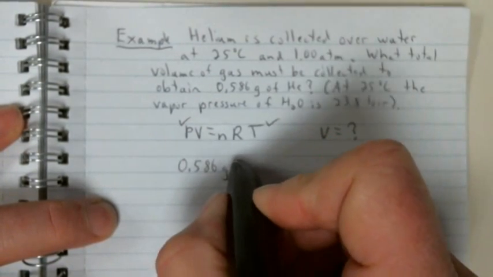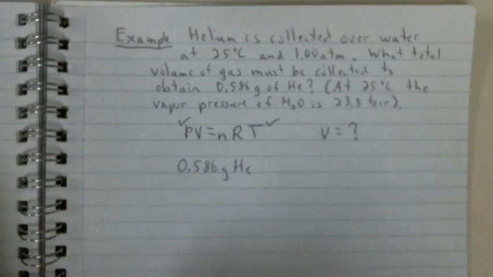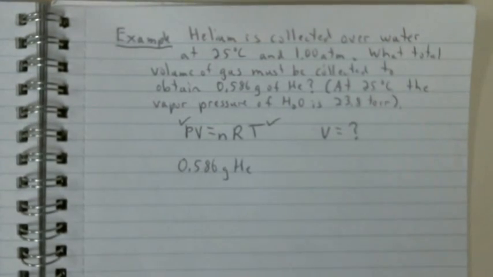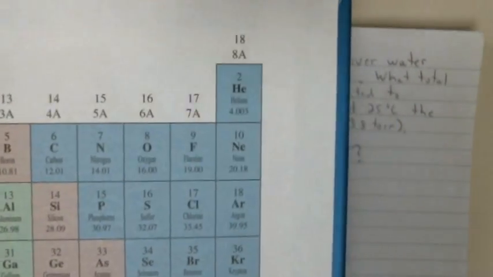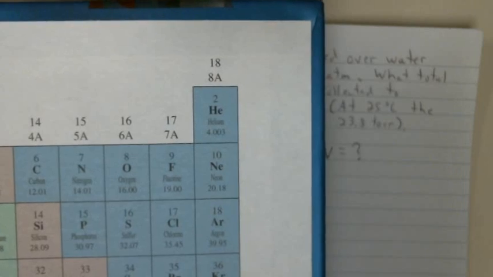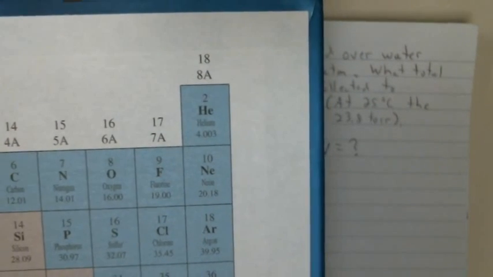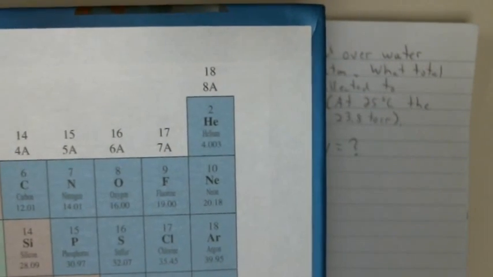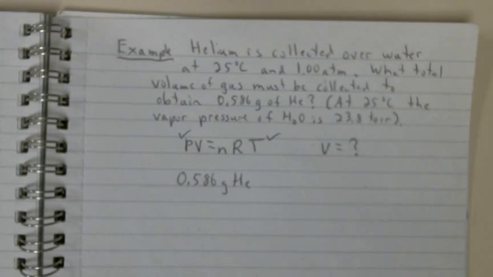0.586 grams of helium. And so I have to look at the periodic table. I'm pretty sure it's 4, but I should probably just make sure that it's a round enough number to be 4. So I've got my periodic table here, and let's stick that under there for people on YouTube to see. It's 4.000 or 4.003. So that's good enough, right?